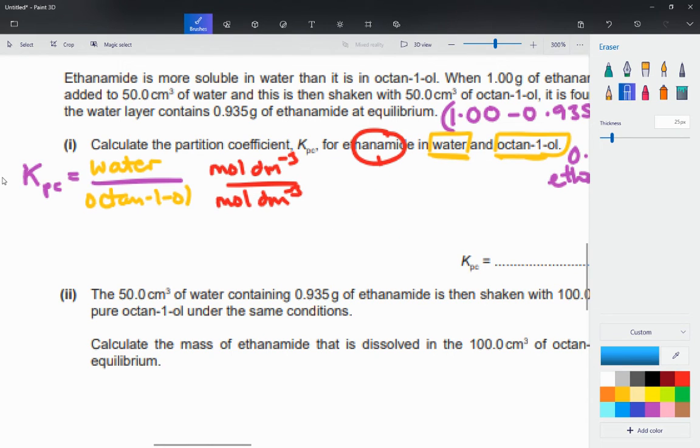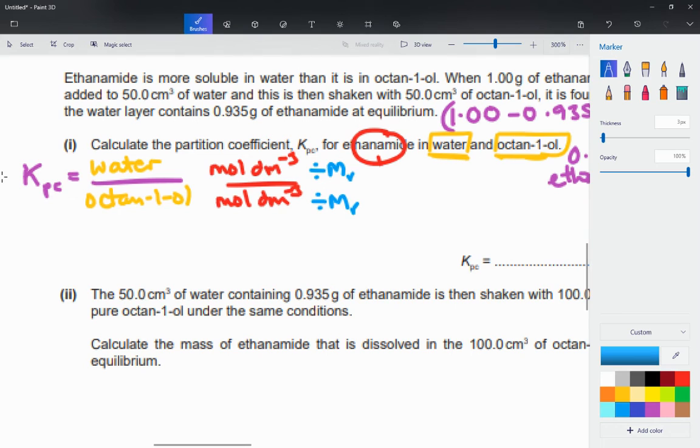If you did that, then somewhere along the line you would have a division by Mr here, and you'd also have to do a division by Mr down here. So that would convert it from grams to moles.